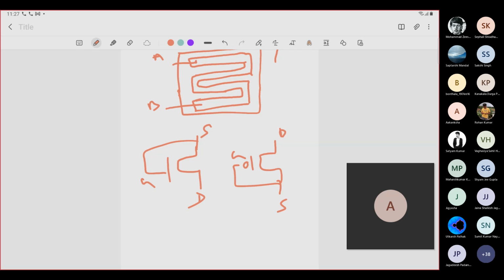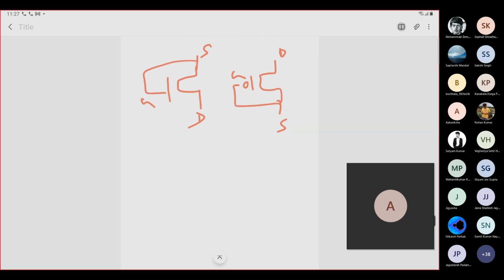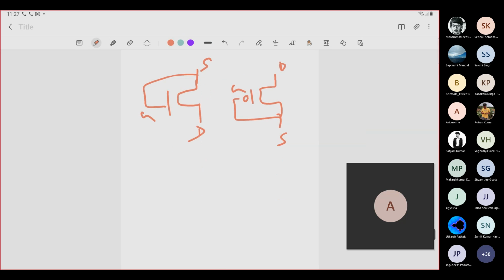And in the saturation region, if you look at ID, ID equal to mu n Cox by W by L into VGS minus VTHN square.